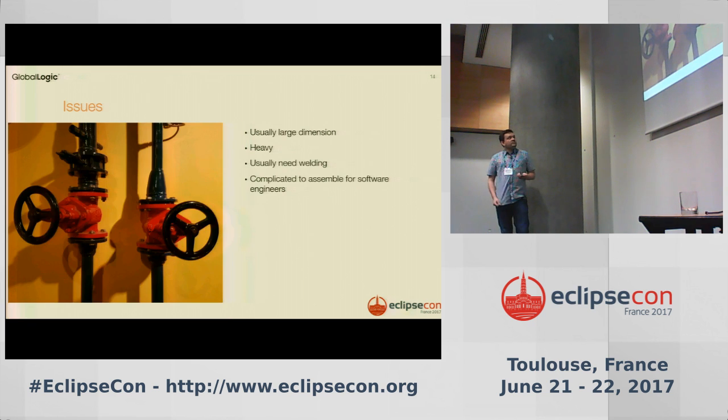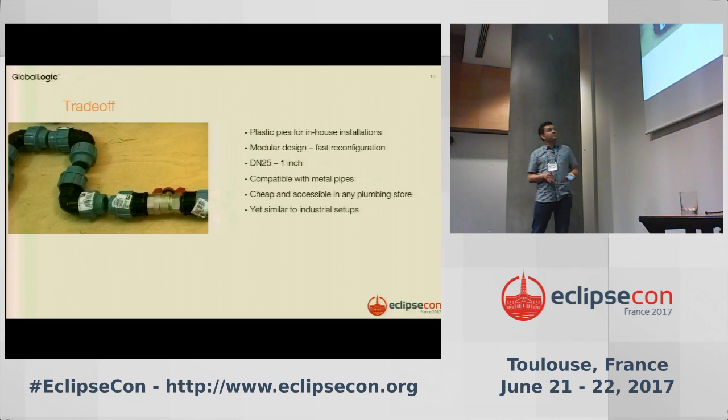The issue we faced is that usually pipes and this equipment are quite large, heavy, and need welding or other competencies to assemble such a setup. For software engineers, it could be hard to take a welding machine and assemble those pipes.